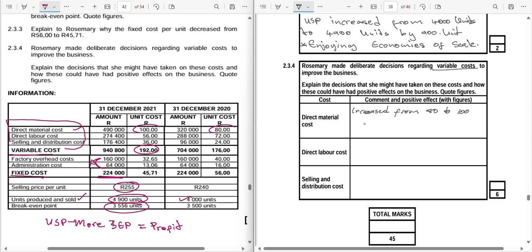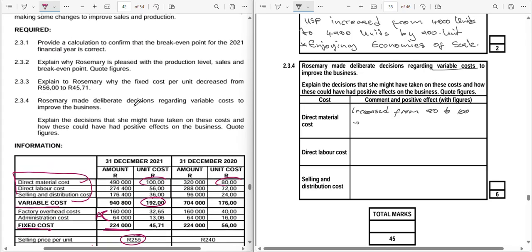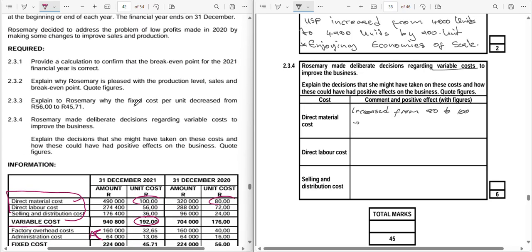Positive effect, meaning solution. You must say improve quality of teddy bears, because we are dealing with teddy bears, or stock.